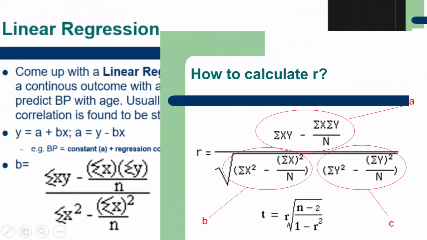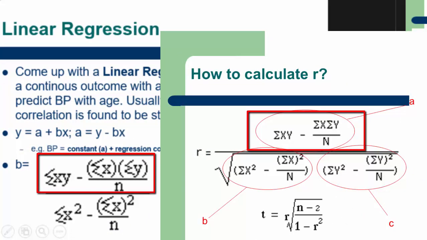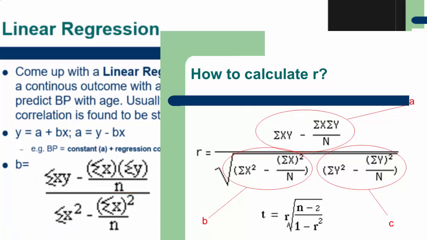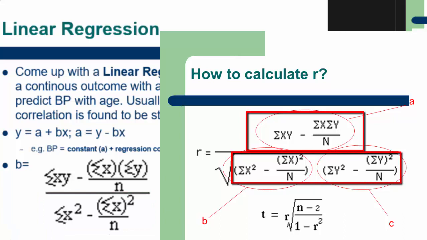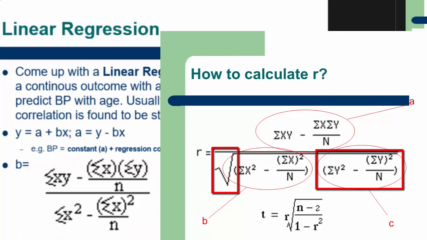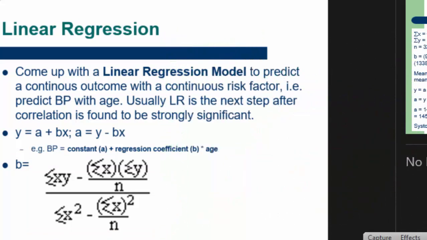Remember we did correlations just now? This is a and this is b. So if we already calculated the ABC for correlation, you can get the regression coefficient directly just by removing the square root and by removing the c.